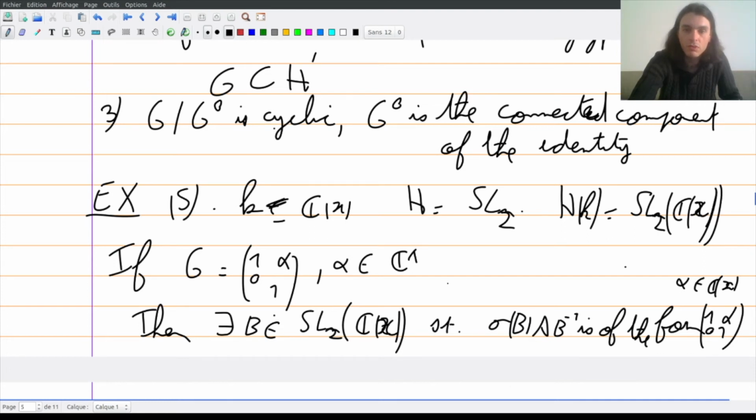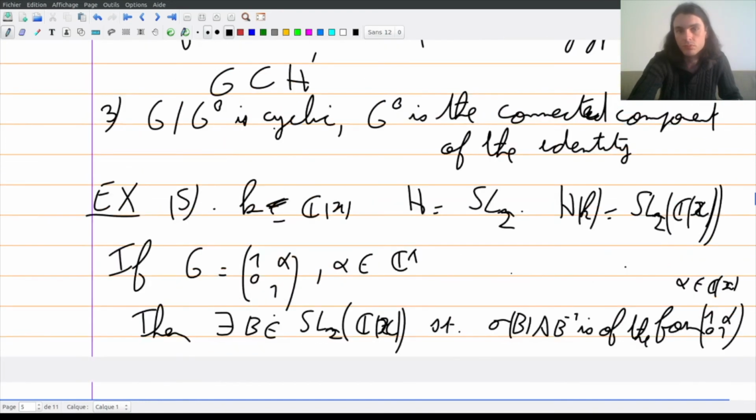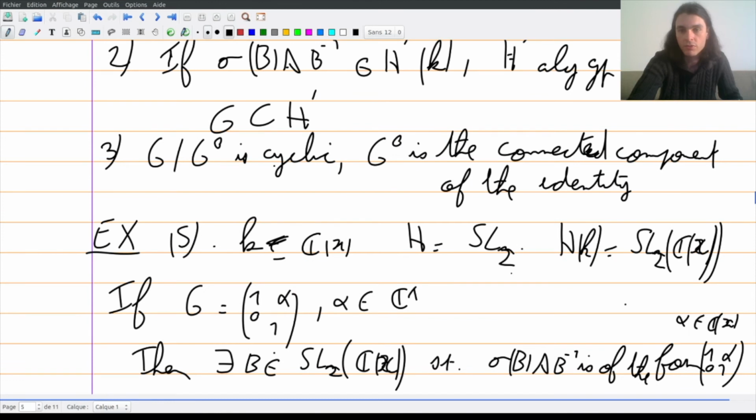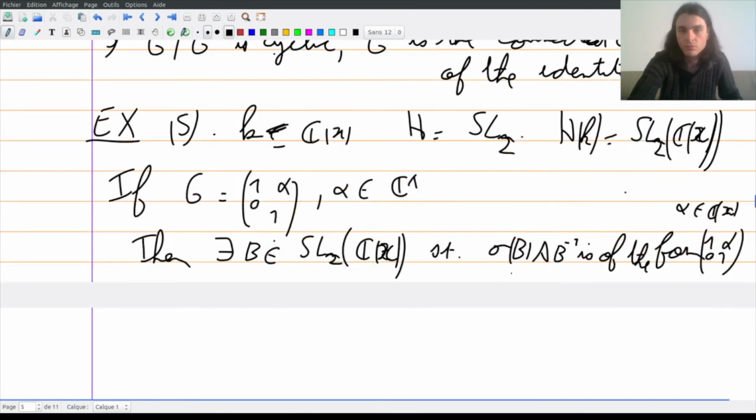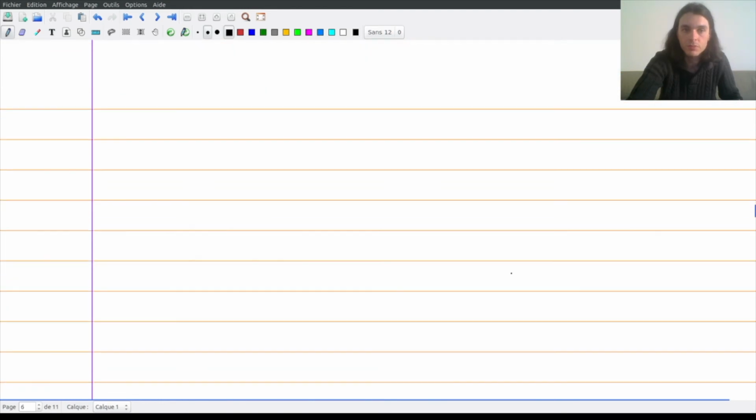So it's a game to try to make appear more and more relations among the coefficients of your matrix. So in some sense, the Galois group is minimal in the sense of gauge transformation. And so this, as we will see in the next chapter, is very useful to compute the Galois group.